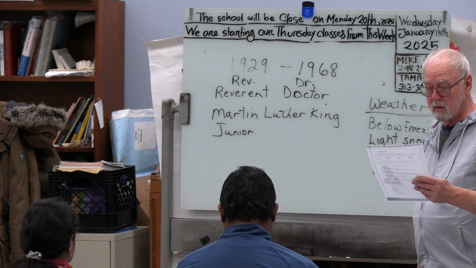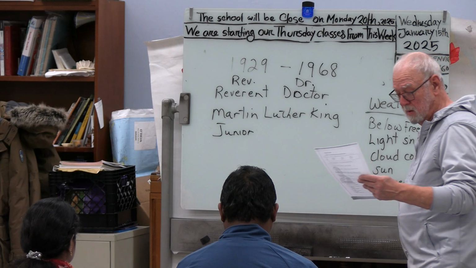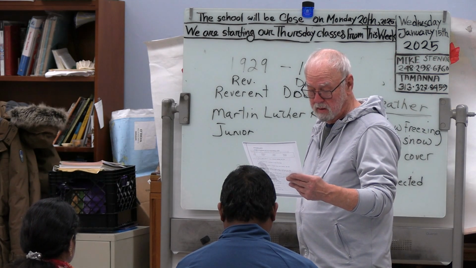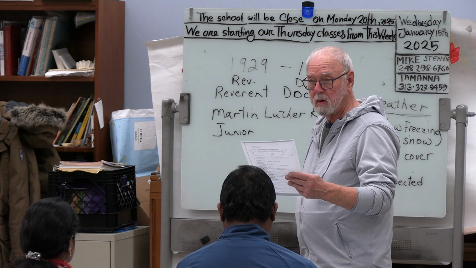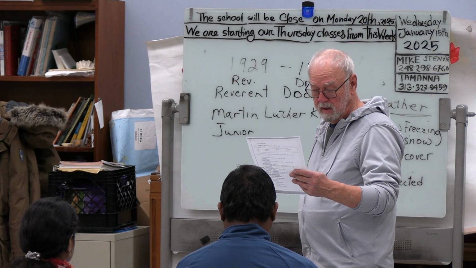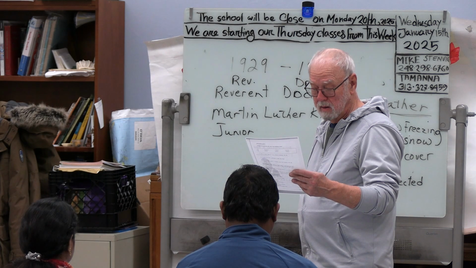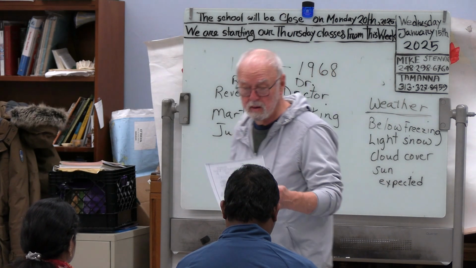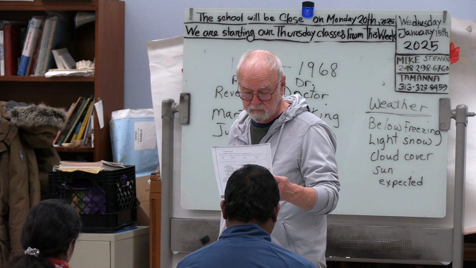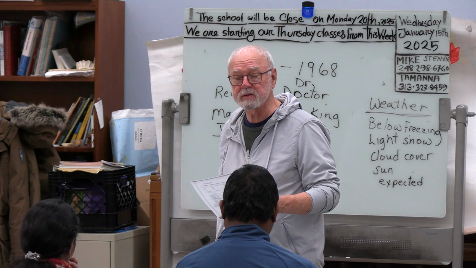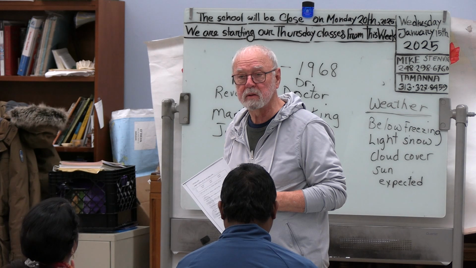He loved to study. He was a good student and went to college at a young age. He was only 15 years old when he finished college. He began to fight segregation. He did not believe in violence. What is violence?